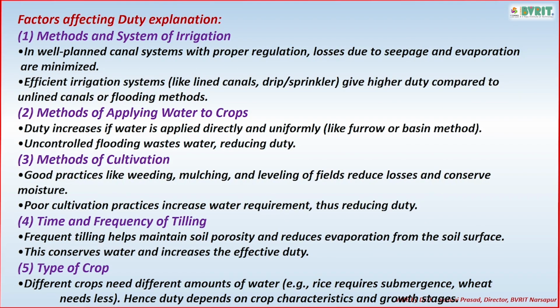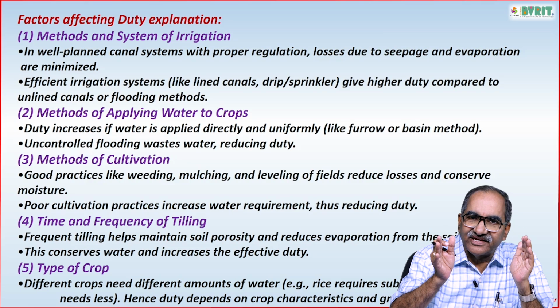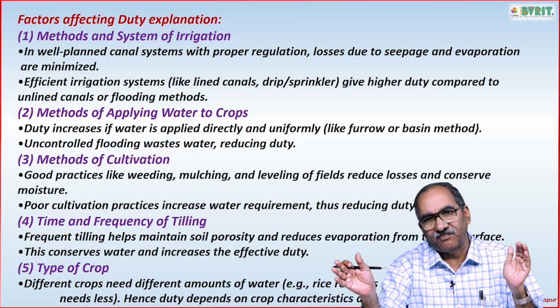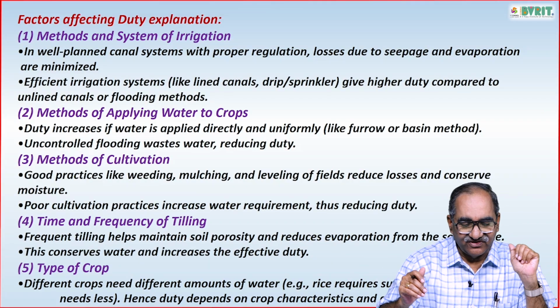Method and system of irrigation. What do you mean by that? With a well-planned canal and proper regulation, the losses due to seepage and evaporation can be minimized. If you are planning a canal systematically, the seepage losses can be minimized with proper regulation, and evaporation losses can also be reduced.